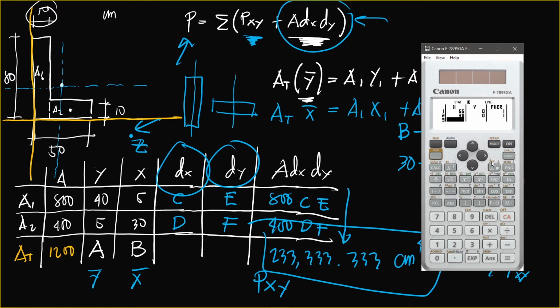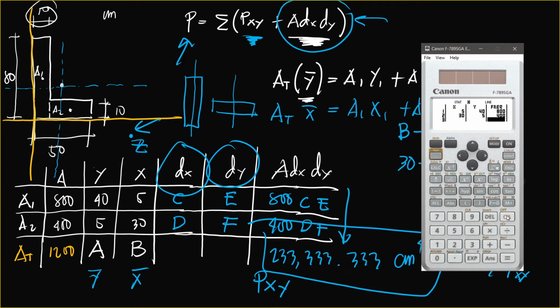Then the areas are the frequency, 800 and 400.